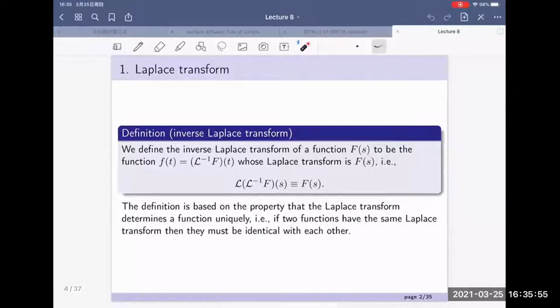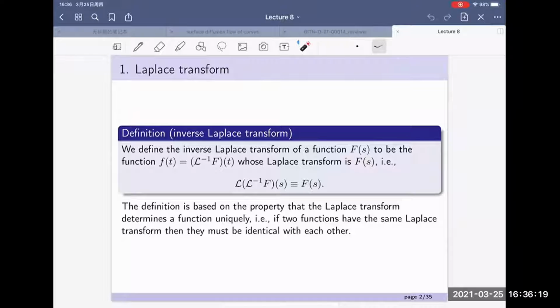And what is the inverse Laplace transform? According to the name, the inverse Laplace transform of a function of s would be a function of t whose Laplace transform is this function of s. So you want to find a function of t such that its Laplace transform is just this function of s. This is called the inverse Laplace transform.